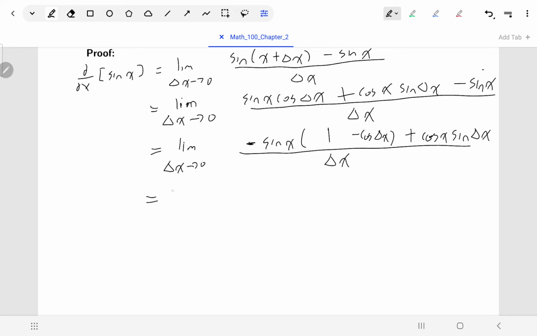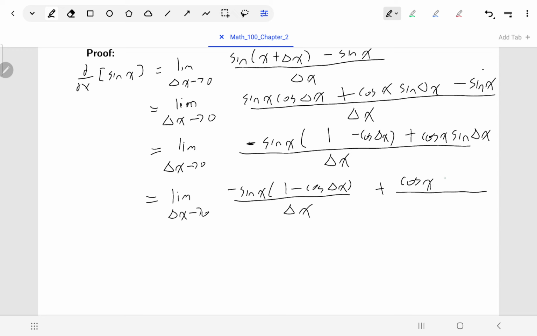I'll take the first part of that numerator all over delta x, and then the second part of the numerator also over delta x.